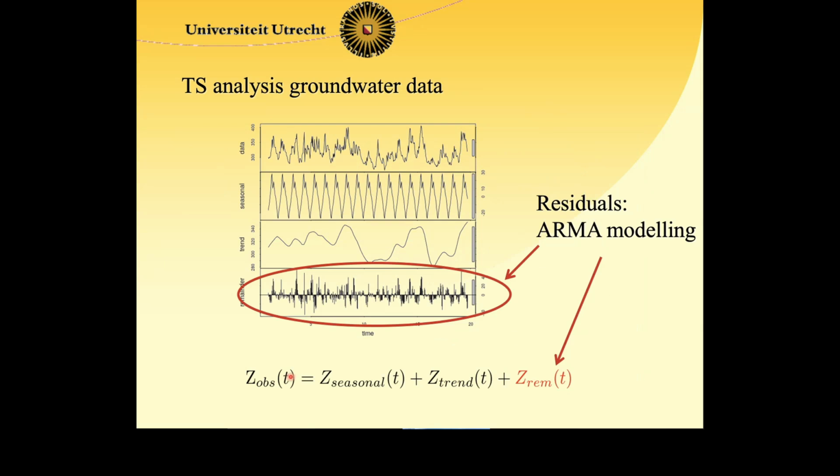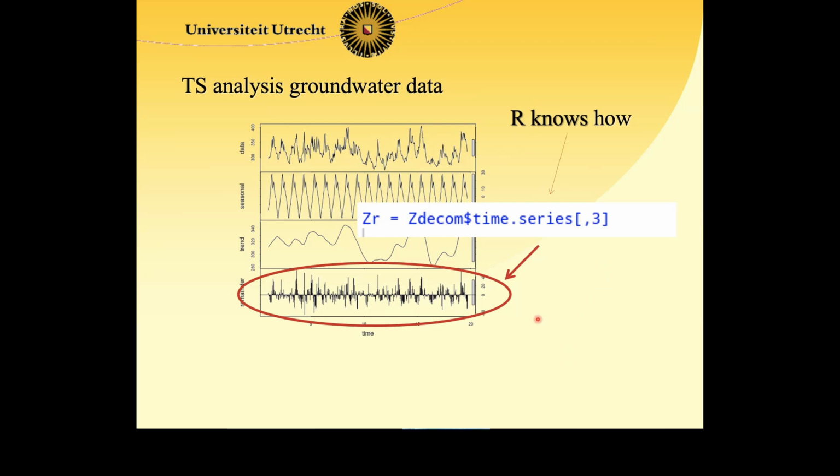So Z is decomposed into a seasonal variation, a trend, and a residual. And the residuals are going to be modeled with an ARMA model. That's what we're going to do.